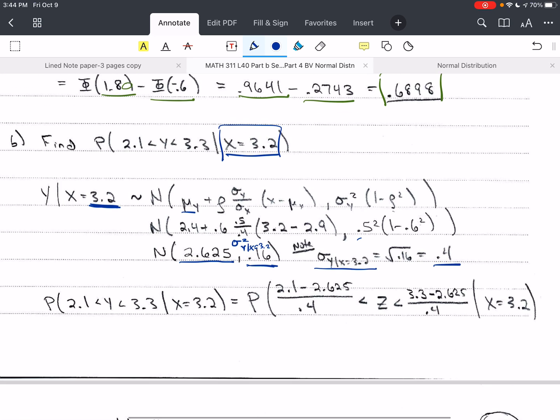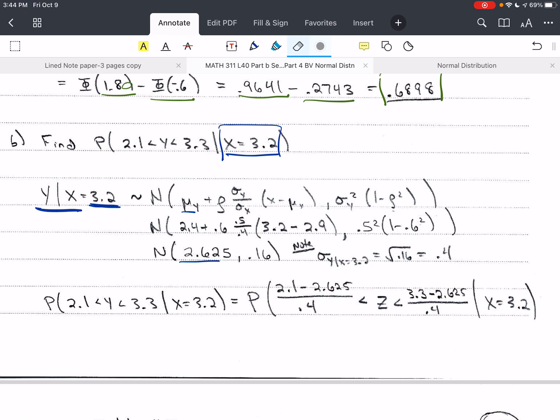And now that I have the distribution of y given x, that's got to be your first step here, is to find that. Once you've found that, then you can plug in to here. So please be specific, do not be sloppy, so that you are communicating to me that you understand what you're doing. So do not leave this part off. That's what I'm asking, okay? So make sure you put that part in there.